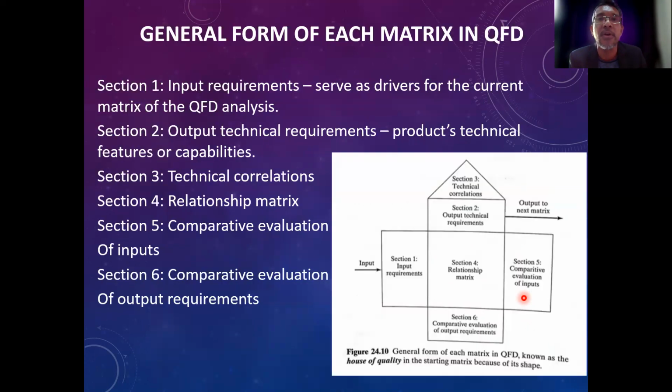So the general form for the QFD, normally we can also call this one the house of quality. We will have another section to discuss this topic, in the last chapter I think, together with the Taguchi method, robust design method.